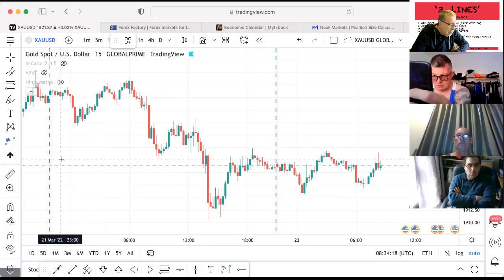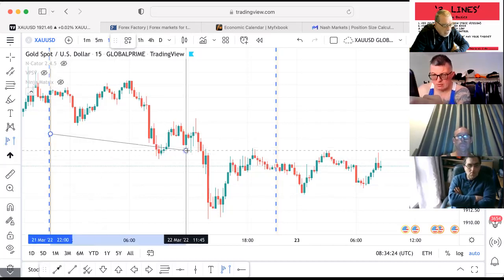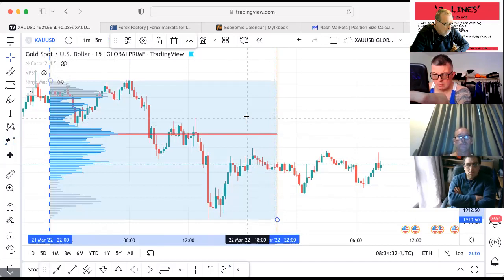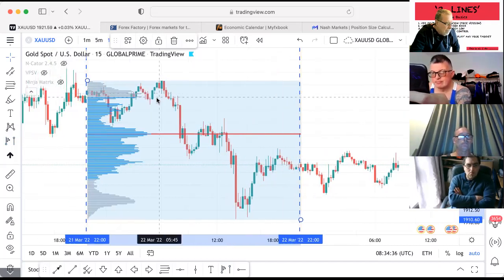Doesn't matter where your cursor is, so long as you're lining up with that first candle, and then line up with the last candle of the session, and you'll then have the volume profile for yesterday.